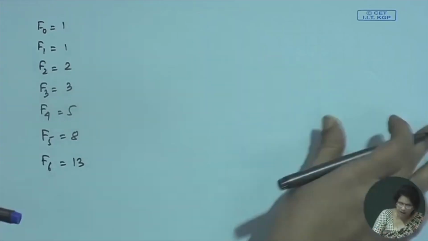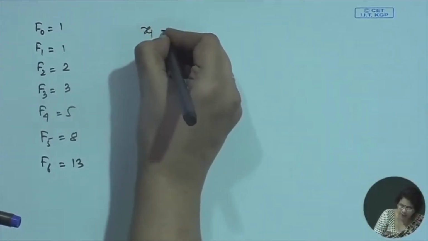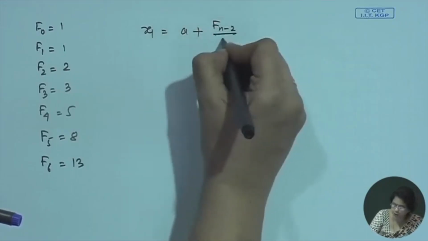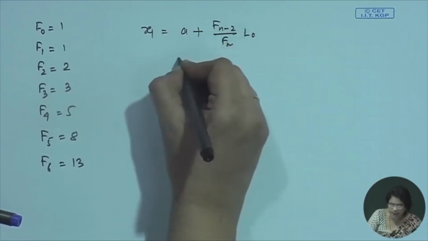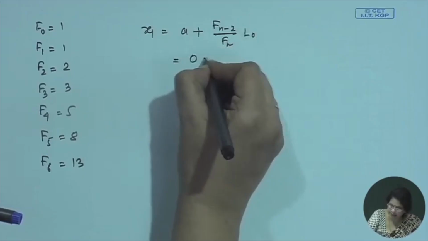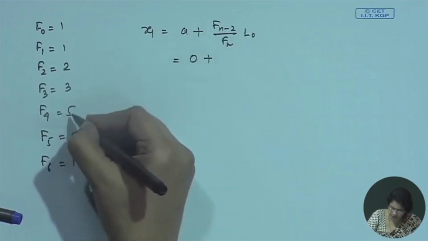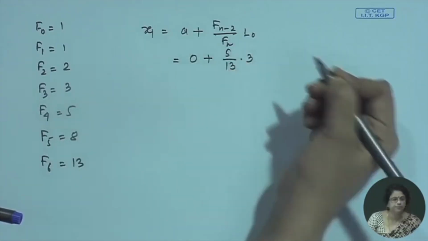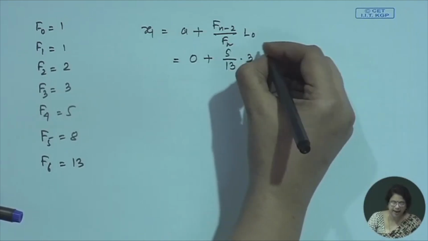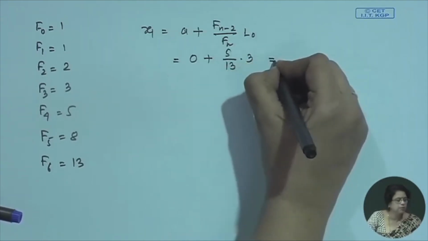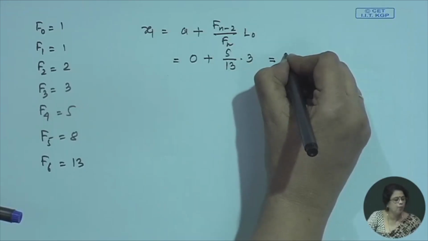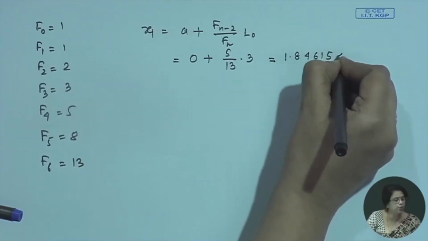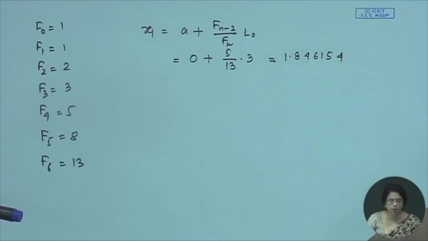Now, the first approximation, x1, is equal to a plus Fn minus 2 by Fn L0. Here the value is 0 plus Fn minus 2, where n is 6. That is why 5 by 13 into 3. This value comes as 0.1846154.